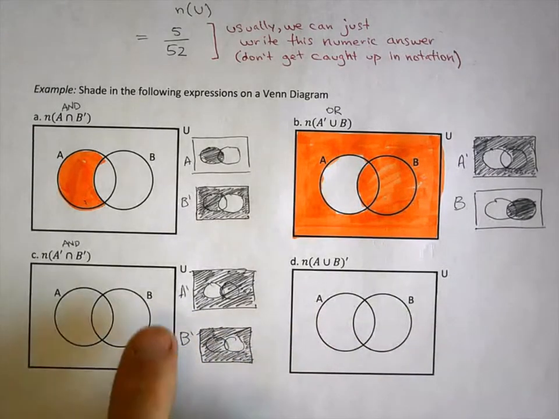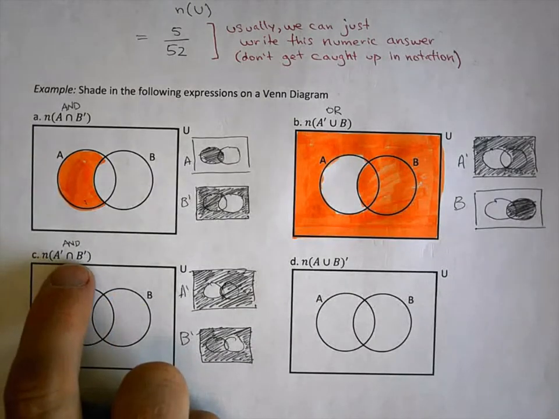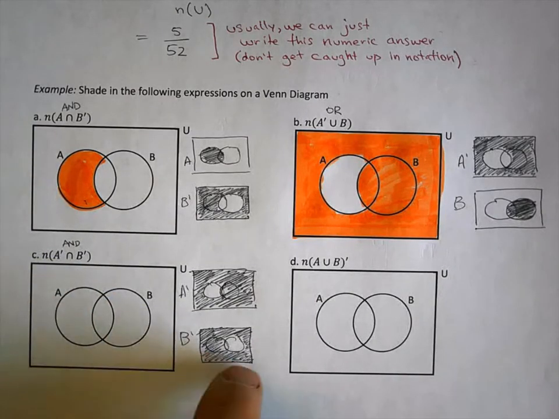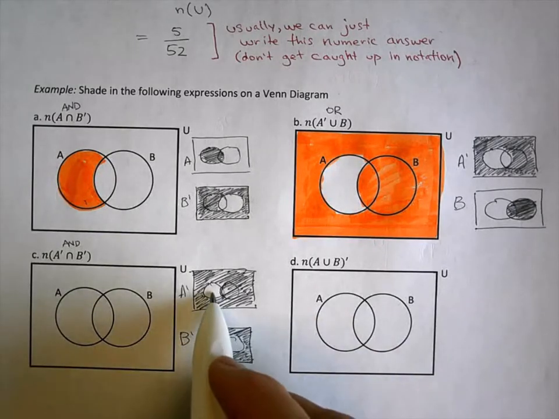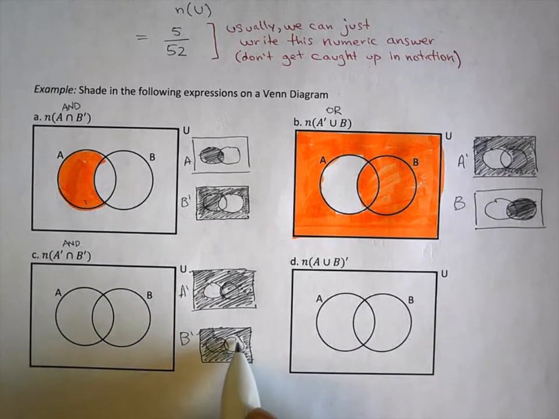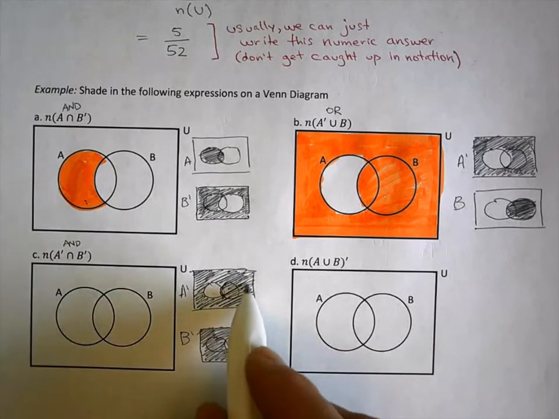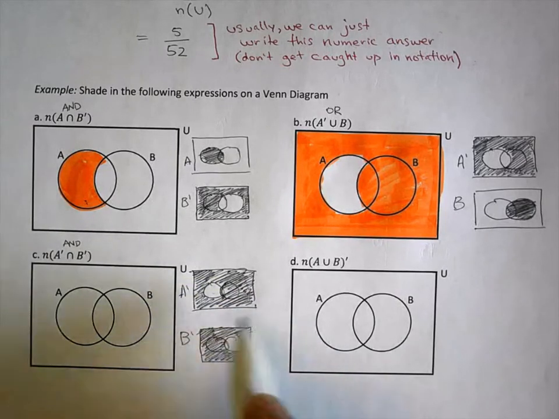When I look at the intersect, I want to look at where they overlap. This is not A, and here this is not B, but there's no overlap here. So the only thing that overlaps is all this area around the two circles.